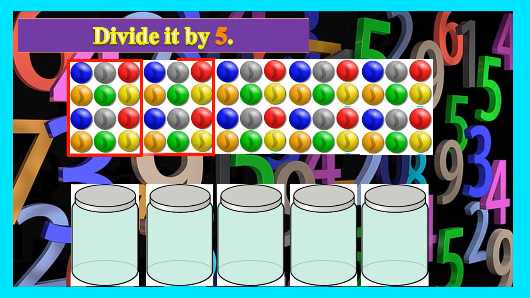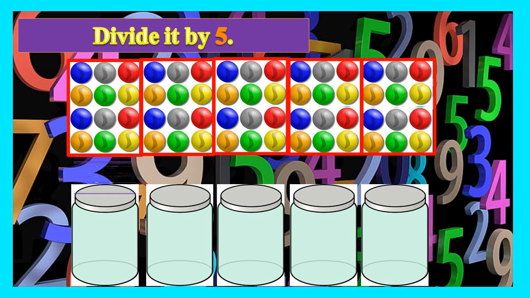Then the next is, and the third one, and then, so as you can see, I divided 60 marbles into 5 equal sets, or into 5 groups. So how many marbles are there in each set or in each group?